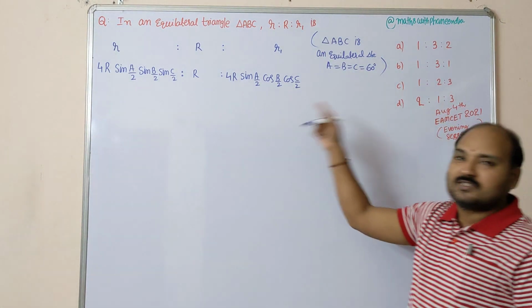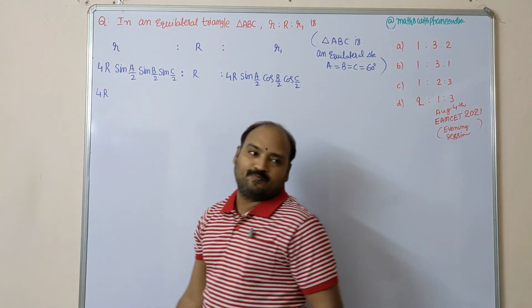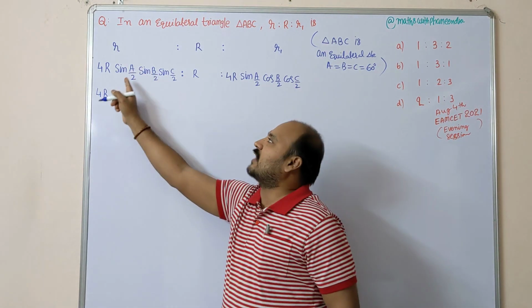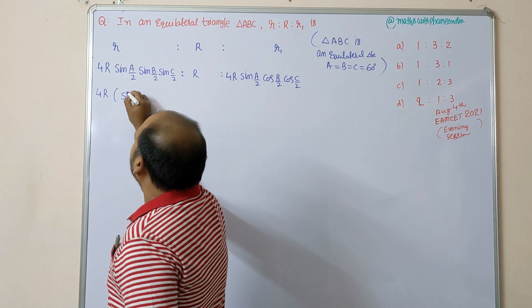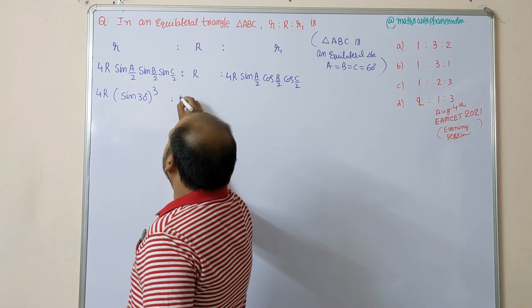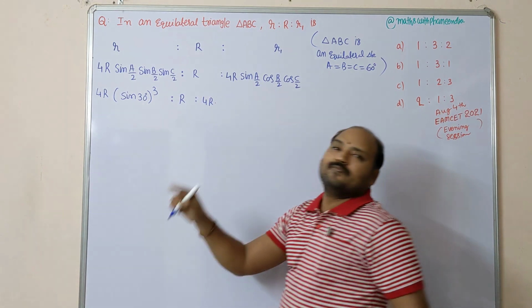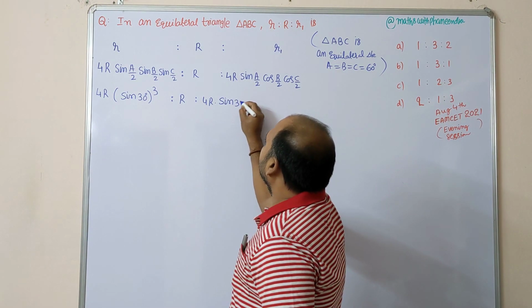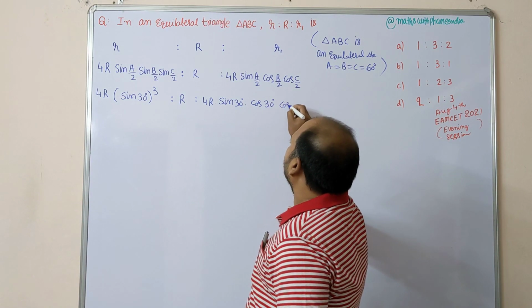Whenever ABC are 60 degrees, we get 4R into sin 30 into sin 30 into sin 30, which is sin 30 whole cube, is to capital R, is to 4R into sin 30 cos 30 cos 30.